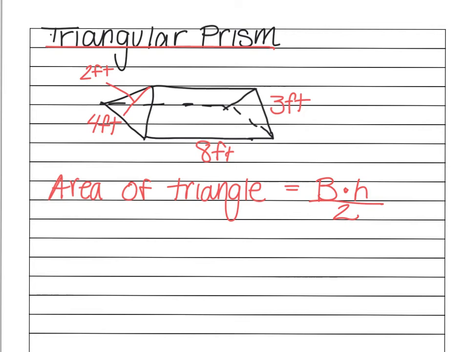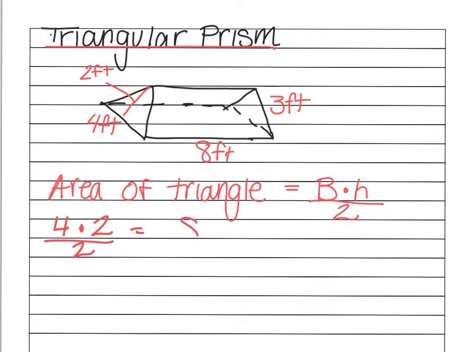So when I do that, I know I have base times height divided by 2 because that's the area of a triangle. So when I find the area of the triangle, I'm going to have 4 times 2 divided by 2.